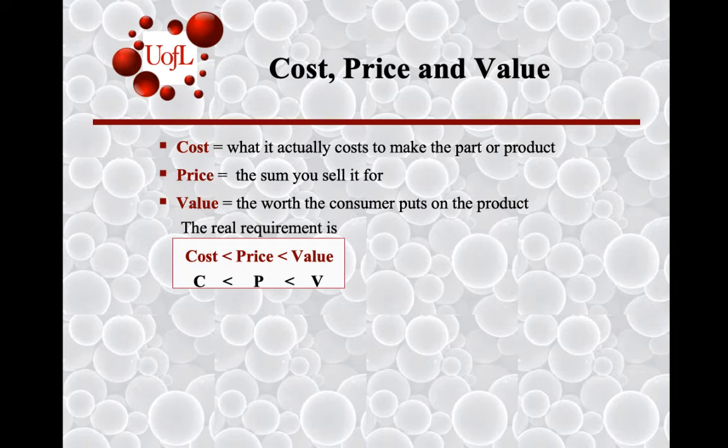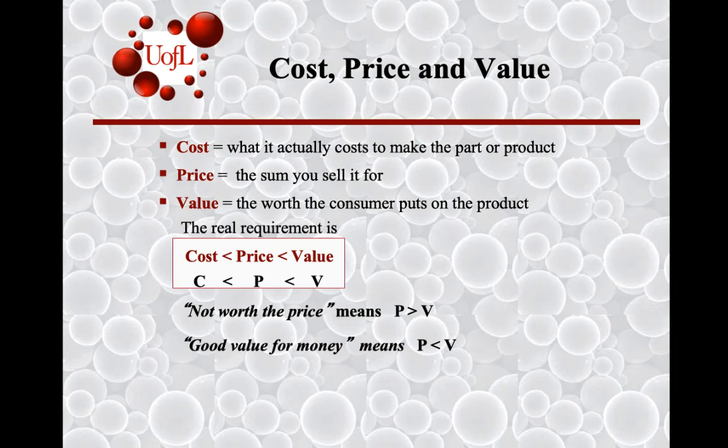The closer P is to V, the value, the greater the chances that you'll have a profitable business. You don't want P to be less than C, at which point you're better off not continuing with that product. Some common notations: not worth the price means that P is greater than V. Good value for money means P is less than V, and so far so good.